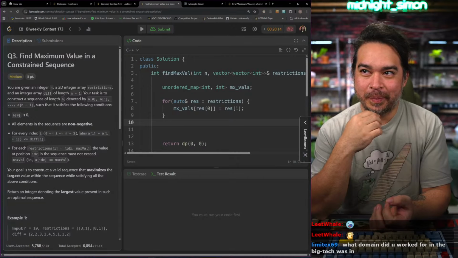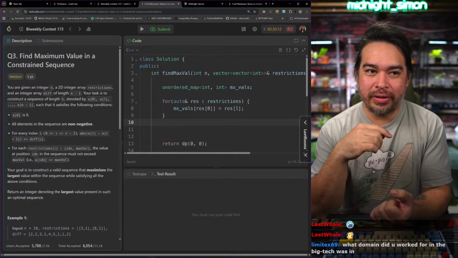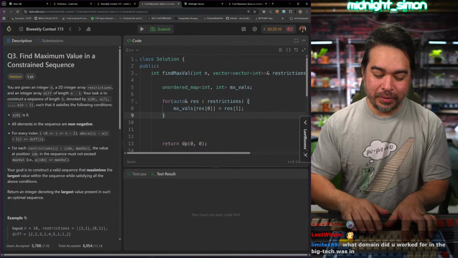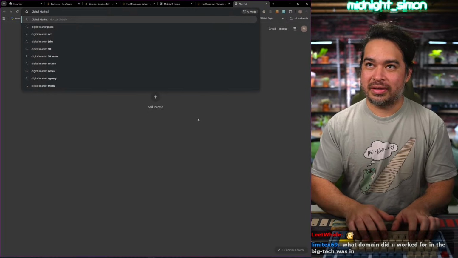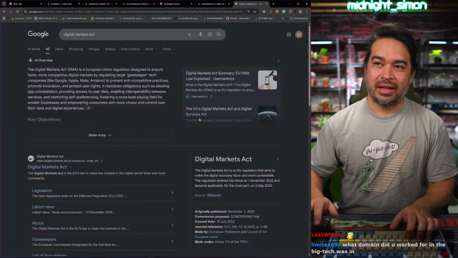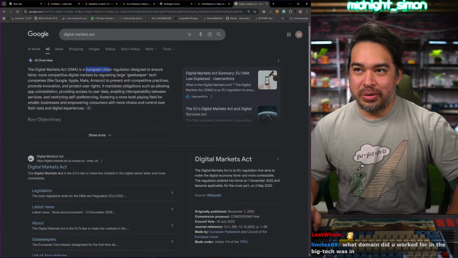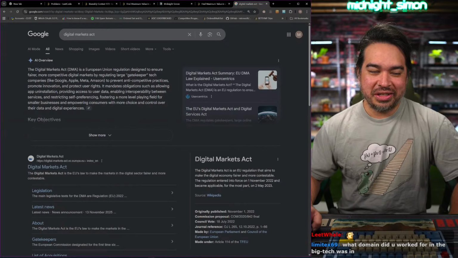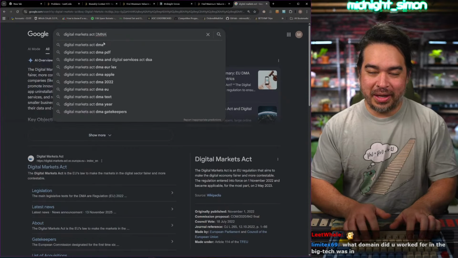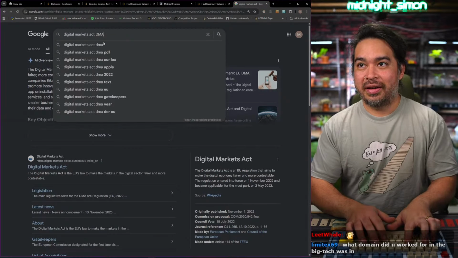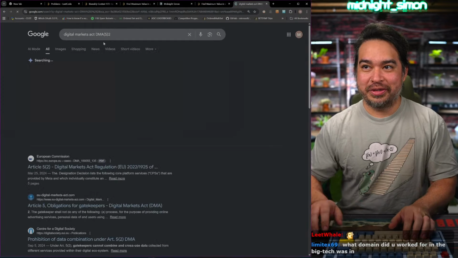So I did a lot of work with DMA the last few years, which is the Digital Markets Act. It's a EU regulation. More specifically, I worked with DMA 5.2 or whatever.